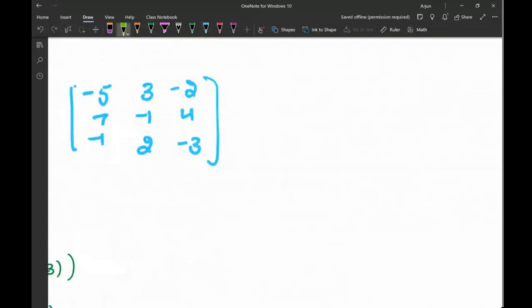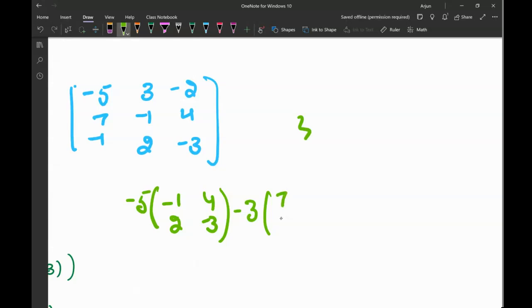This will be minus 5, and then minus 1, 4, 2, minus 3, and then 3, this will be minus 3, and then 7, minus 1, 2, and then the third term will be minus 2, and then 7, minus 1 and 2.